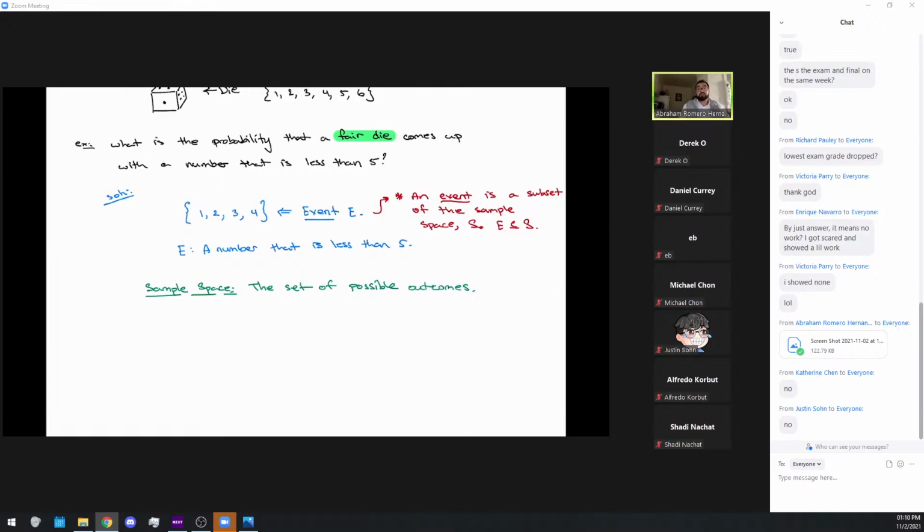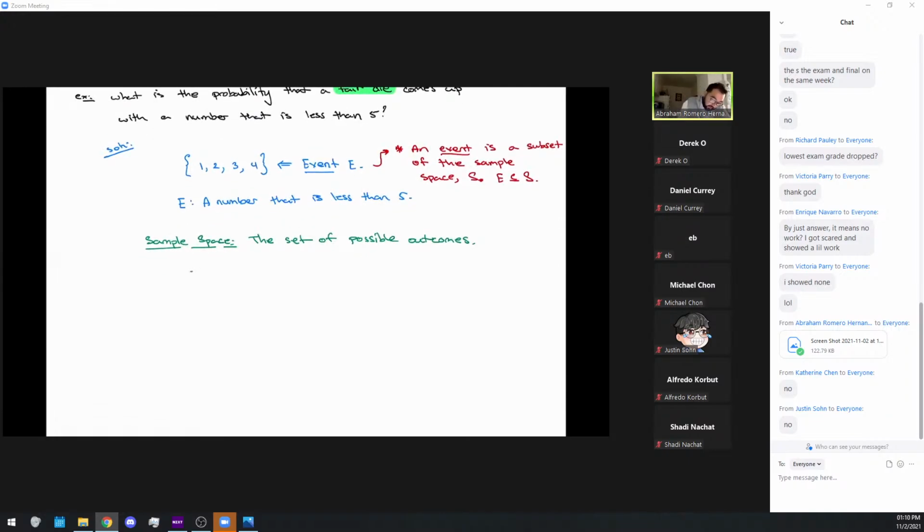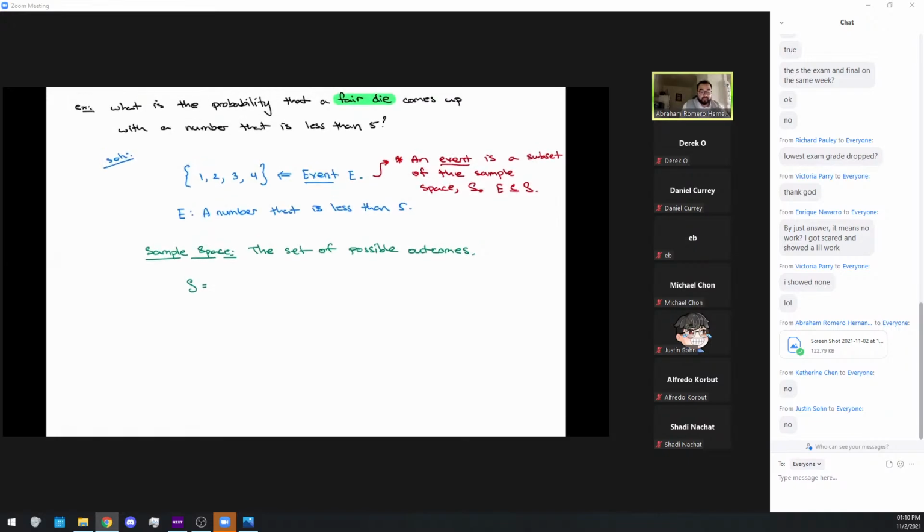That's what a sample space is. So in this scenario, our S is the sample space of a fair die. The sample space of a fair die is pretty much all the outcomes when you roll a die that can possibly come out.